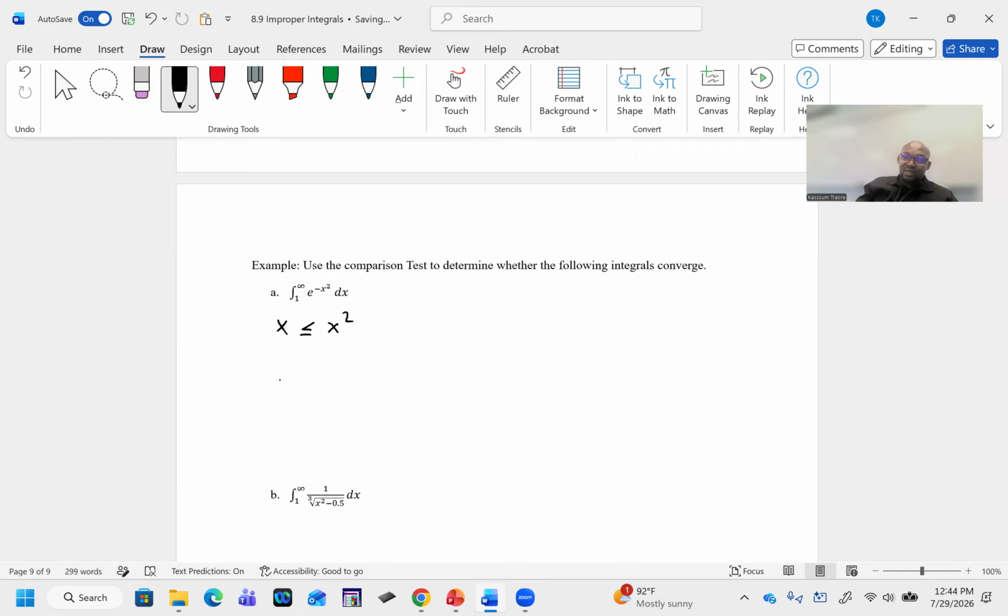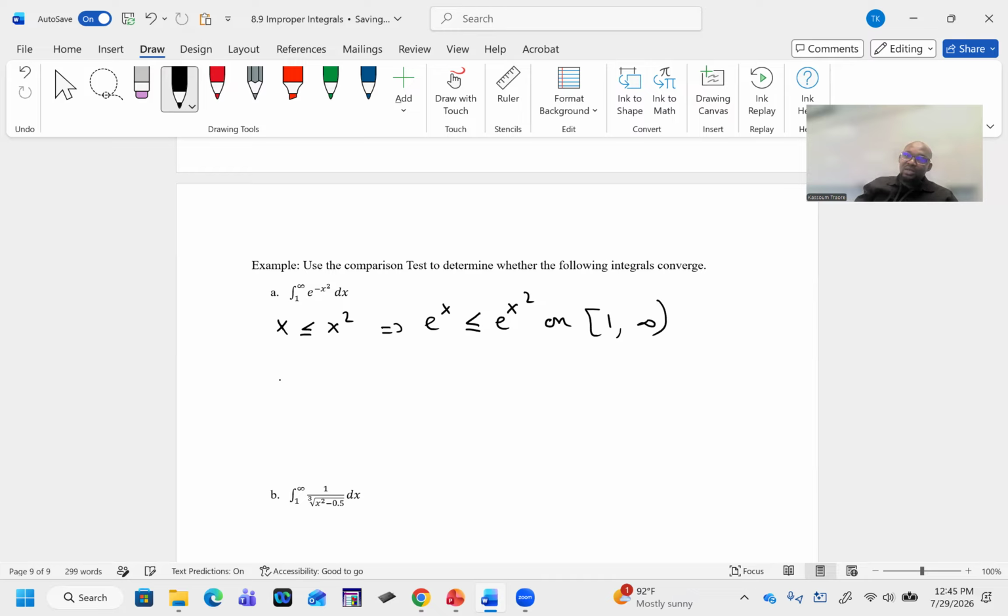And from there, we know e to the power of x also will be less than or equal to e to the power of x squared, right? On the interval 1 to infinity.